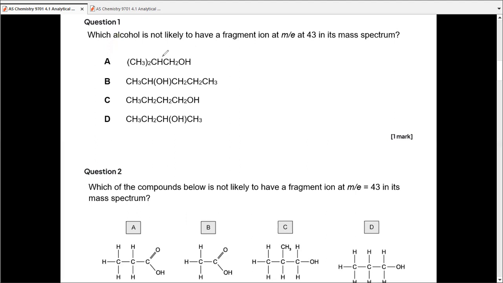Okay, take a look at this. If we fragment this part, this would give you 43. If I fragment this part, 3 carbons and 7 hydrogens is a perfect 43, right? 3 carbon and 7 hydrogen is a perfect 43 again. So in every case, I am getting 43, but in this case, we won't be able to get to that.